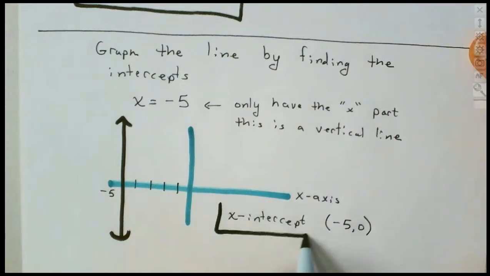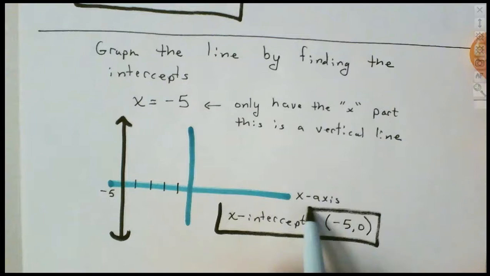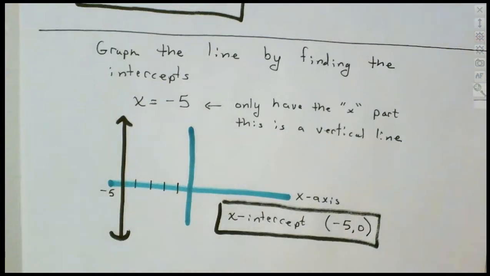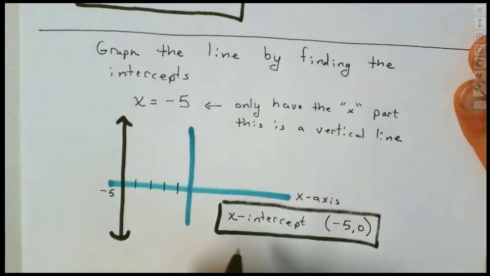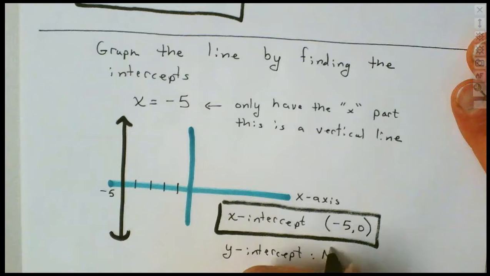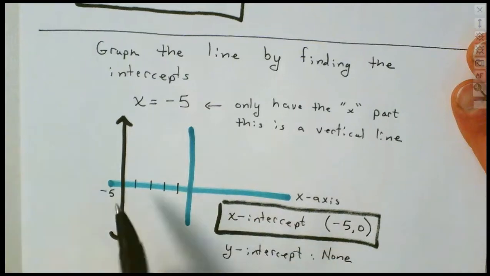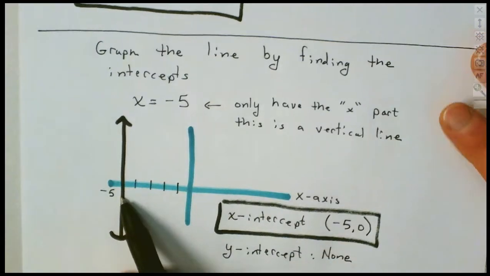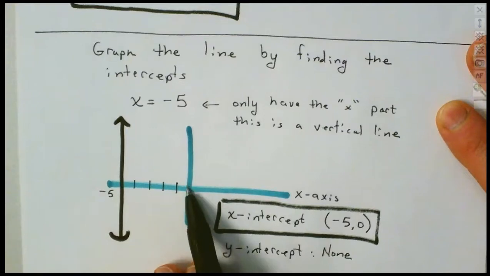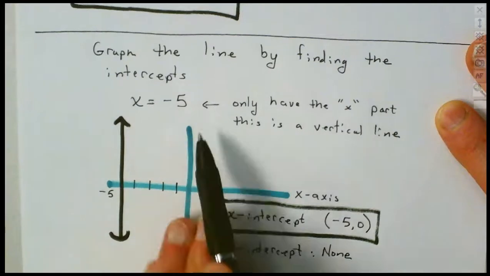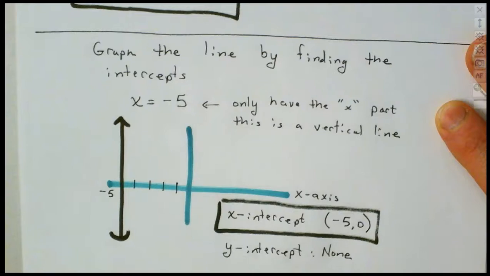Has to be an ordered pair, not just a number. What about our y-intercept? Do we have one? I think someone said no. Why not? Why is there none? Because does this line ever cross my vertical green line here? Nope, never crosses it. So we have no y-intercept, or none.